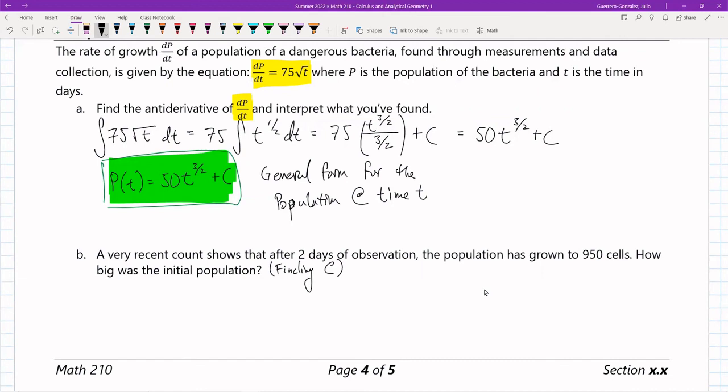This tells us that our P of 2 has to be equal to 950 cells.